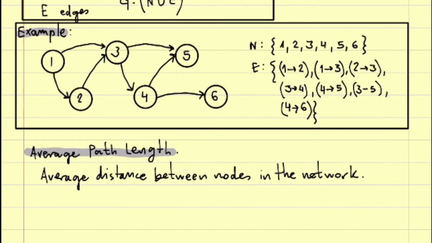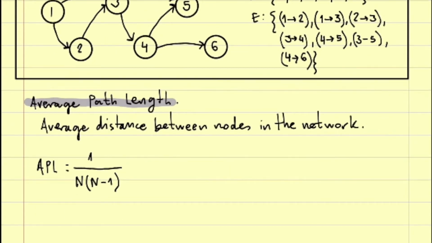So the average path length, mathematically, APL is 1 divided by n times n minus 1.